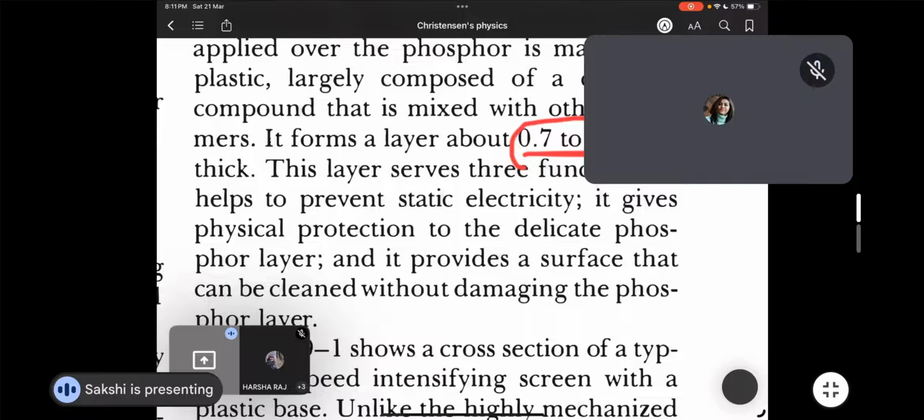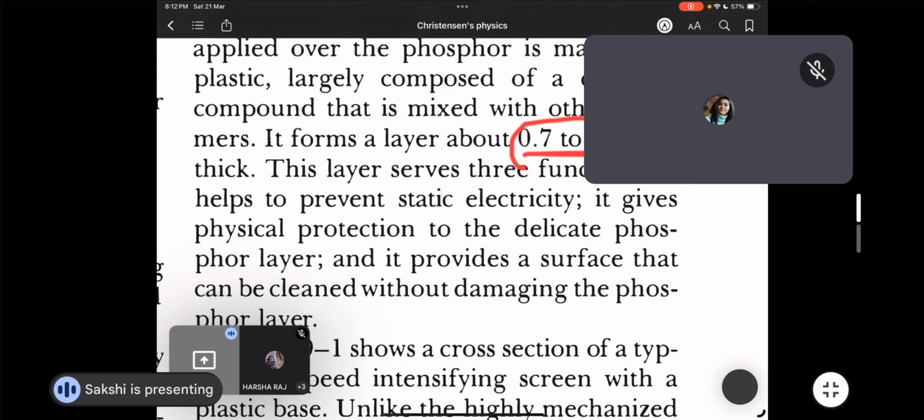Prevent static. What is static electricity? Whenever you comb your hair, there will be static electricity between that comb and your hair. And if you try to attract small pieces of paper, they will get attracted because of that static electricity, the negative and positive charges, there will be attraction between them. That is why it is getting attracted. So in the same way, the protective layer should be made up of a material which is not giving static electricity.